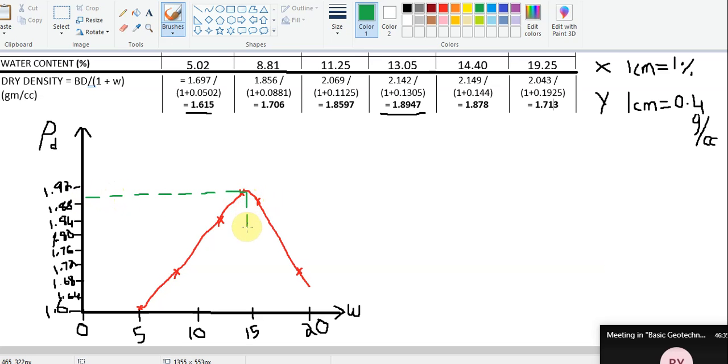And the water content corresponding to the highest point is optimum moisture content. So this is my maximum dry density, and this is my optimum moisture content.